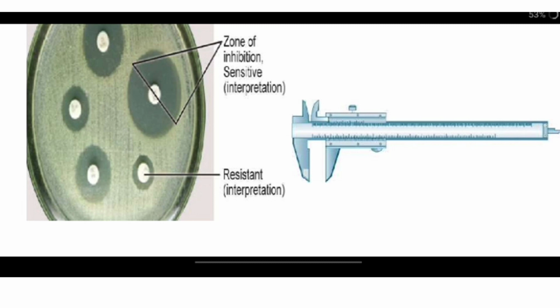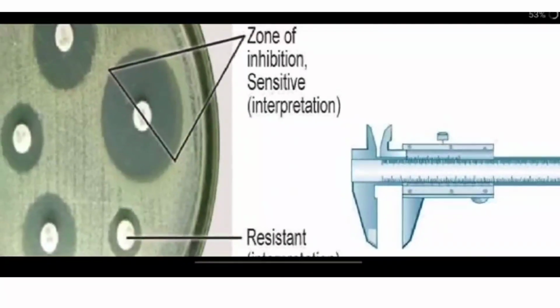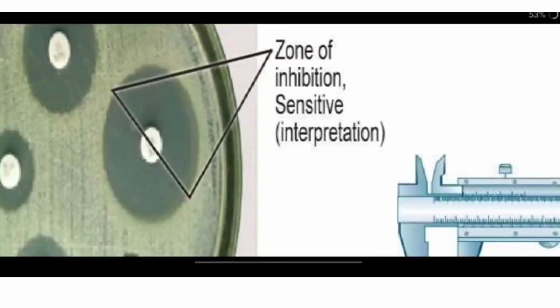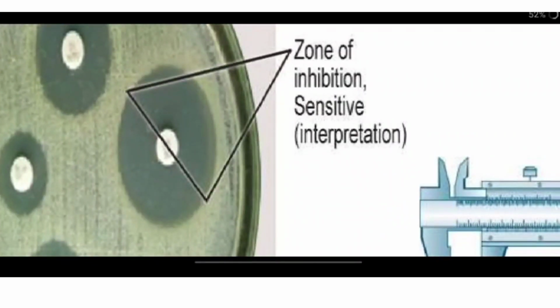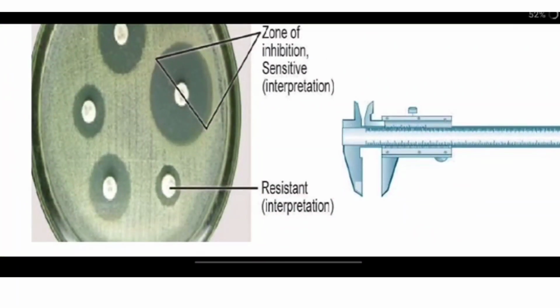So we will see the chart and match. If the zone of inhibition should be more than 15 and we have 24, so we will interpret it as sensitive.